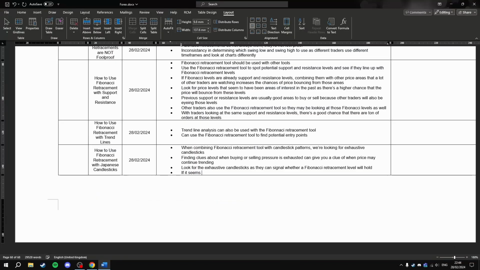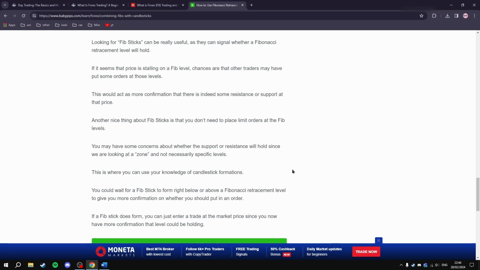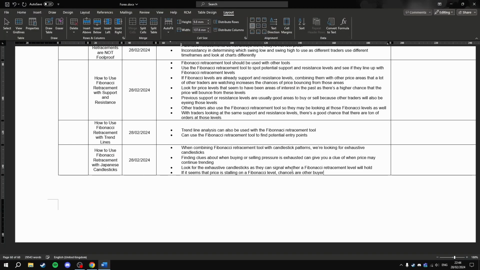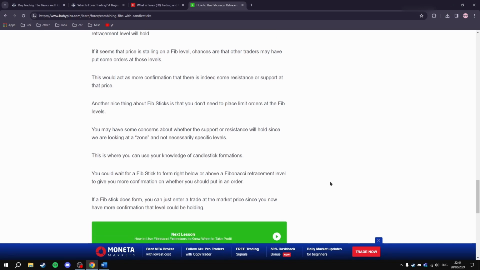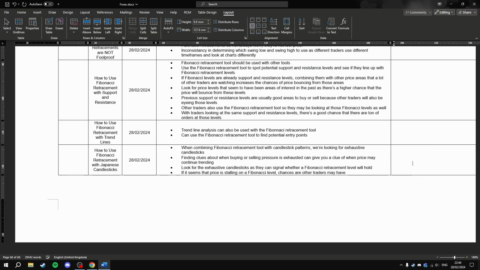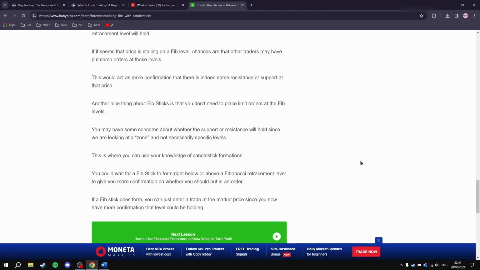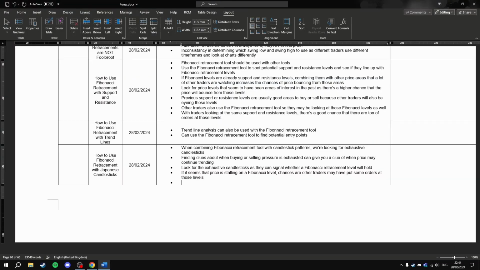If it seems that price is stalling on a Fibonacci level, chances are other traders, not just buyers, may have put some orders at those levels.